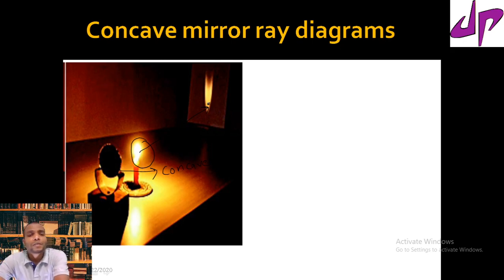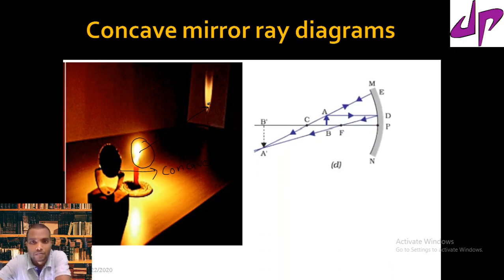So we want to represent this situation in terms of a ray diagram. The corresponding ray diagram is shown here. It means if AB, the object, is placed between the center of curvature and focus, the image forms beyond the center of curvature, A dash B dash, and the image is inverted.